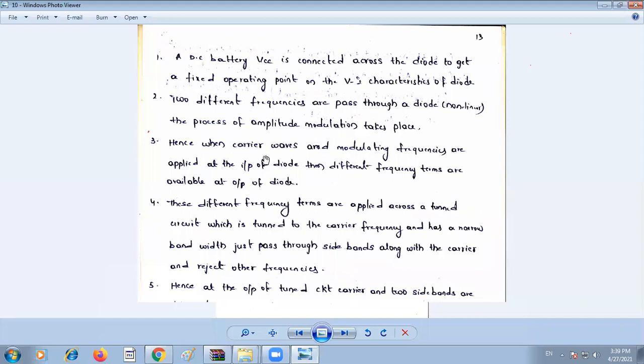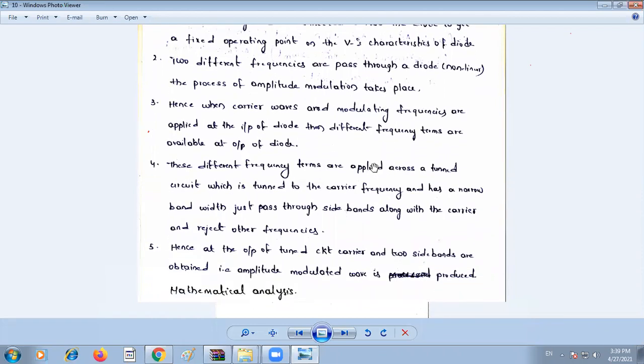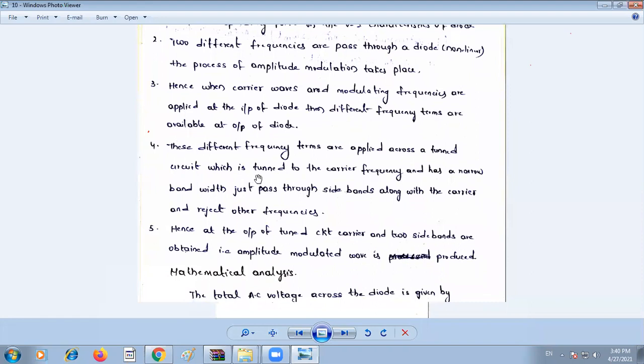One frequency is the higher frequency, that is from the VC signal, the carrier signal, and the other is from the modulator signal. These different frequencies are applied across a tuned circuit, which is tuned to the carrier frequency, and has a narrow band just to pass the side bands along with the carrier and inject them to the other side.